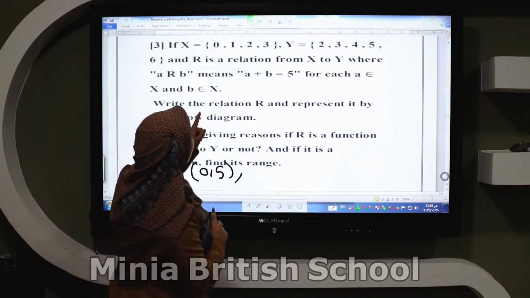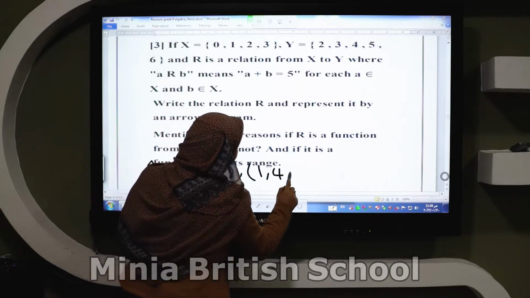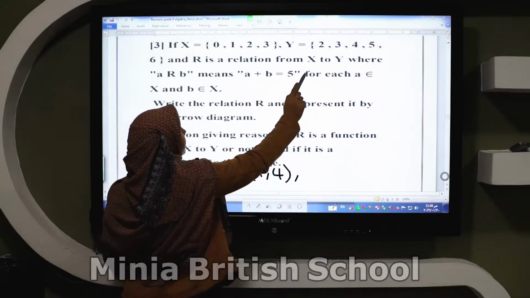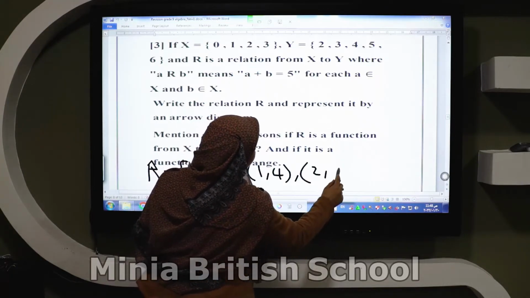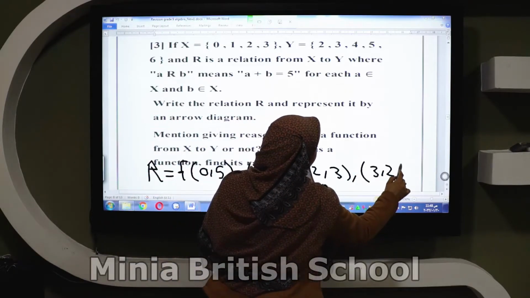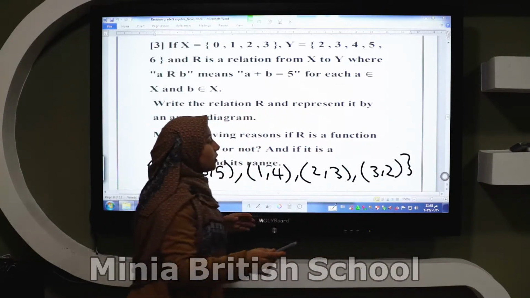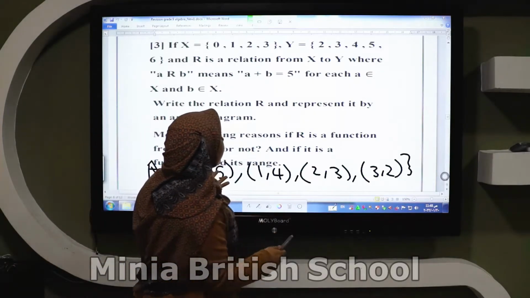Now the second element, 1. 1 plus 4, good, so 1 and 4. 2 plus 3 equals 5, so the next ordered pair is 2 and 3. And the last one is 3 and 2. Yes, that's the relation.